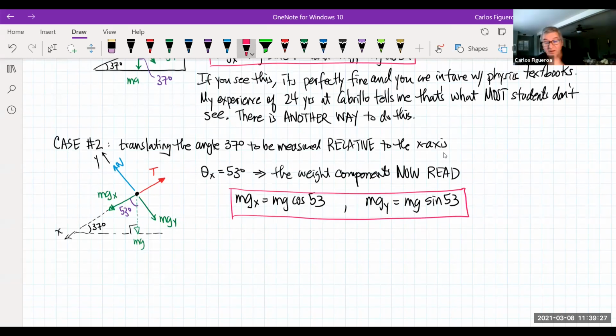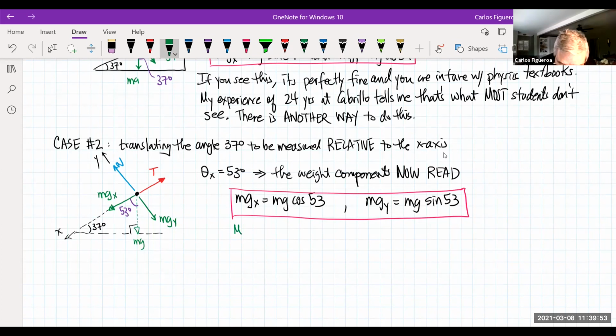When I started doing this about 10 to 12 years ago, I found that people did a better job. That means there were fewer mistakes in free body diagrams with inclines because they were able to translate the angle into a form that worked for them.